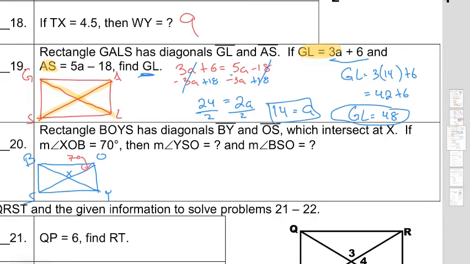And then it says, what is the measurement of angle YSO? So YSO, so this angle here, and BSO.